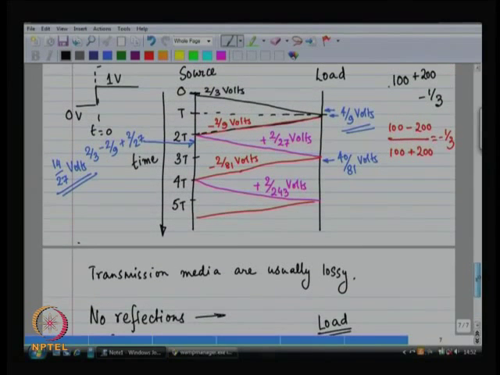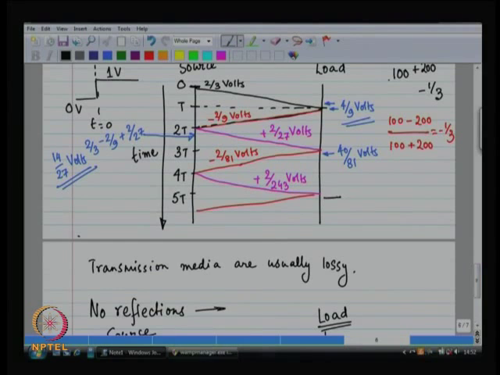And at time 5T, I did not compute, I probably got 121/243 volts, no, 120/243 volts.